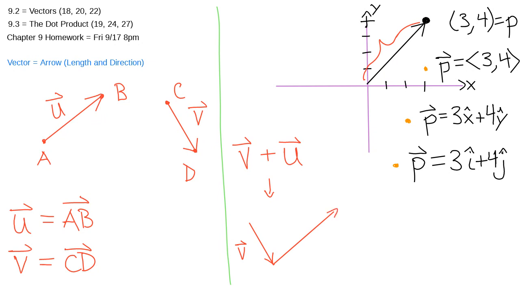This is the vector U. So if you're going to add V plus U, you go from tail to head. And you get this vector.